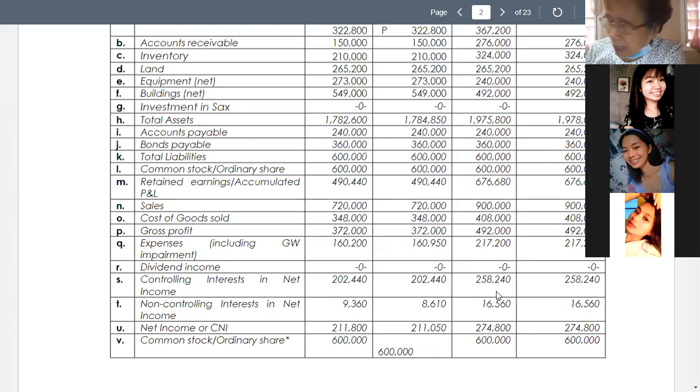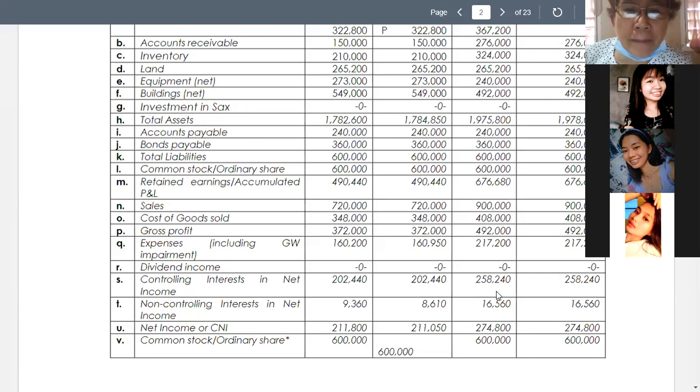We deduct the share of the NCI of 9,360, giving us the balance of 202,440. Again, 211,800, that's the consolidated net income.